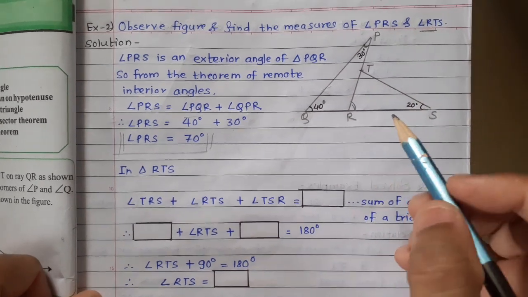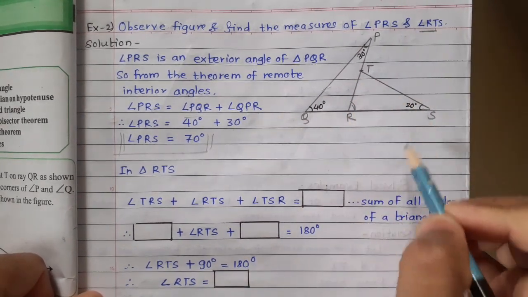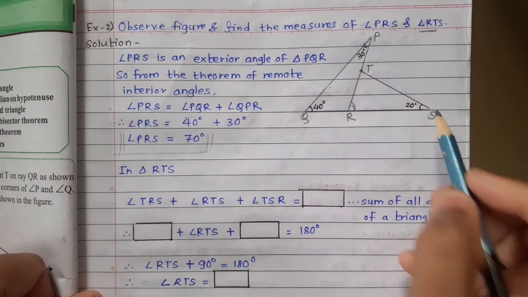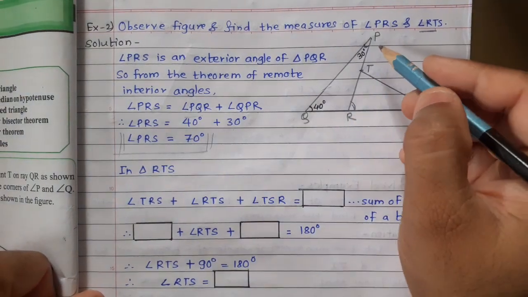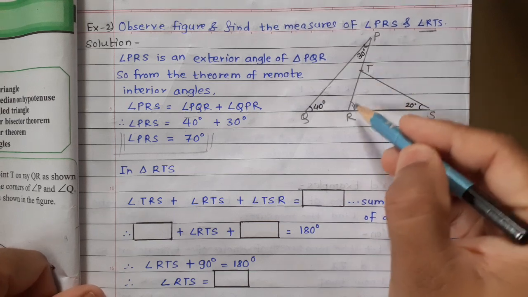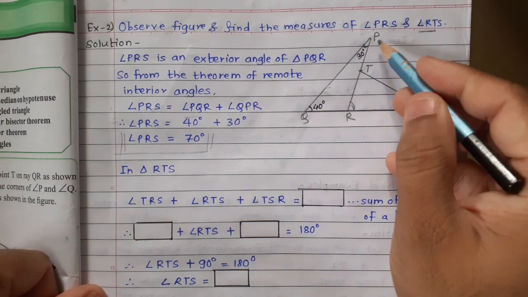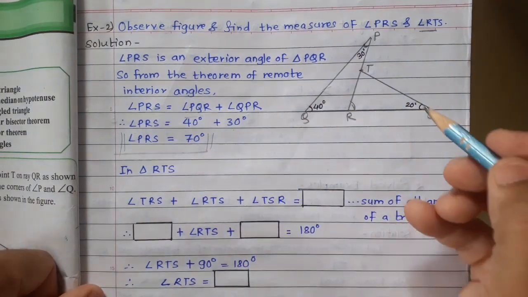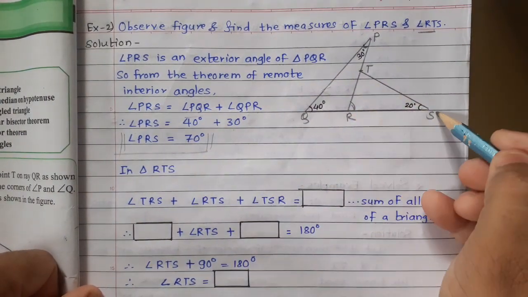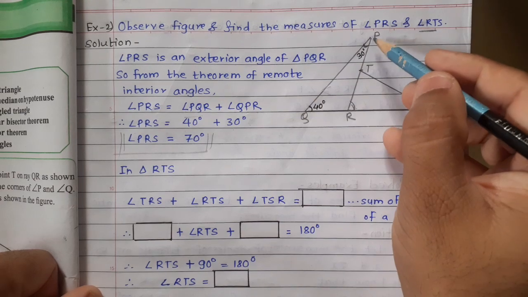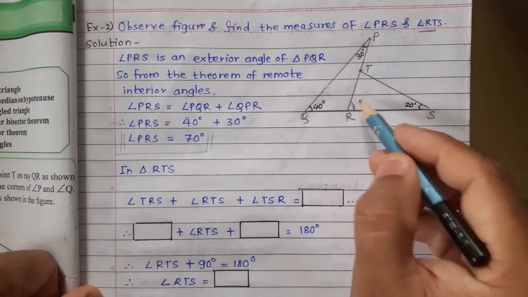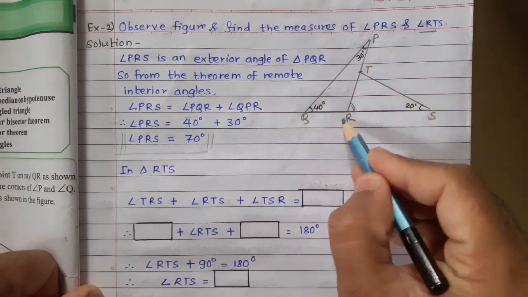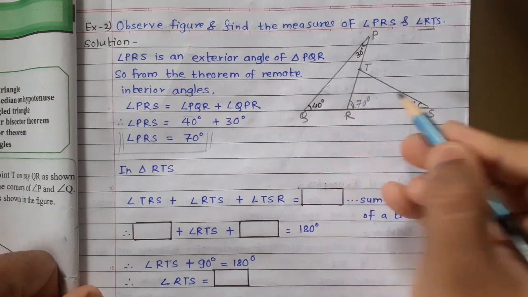So see, in triangle RTS, now here we are having the measure of angle PRS as 70 degree, so we can write TRS is also 70 degree, because PRS is 70 degree, so TRS is also 70 degree.